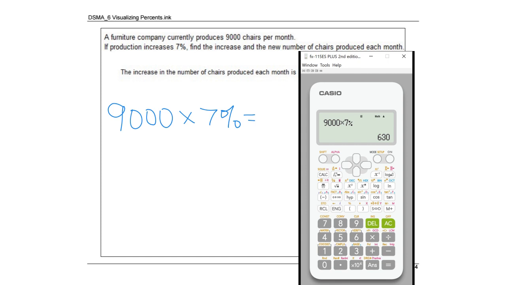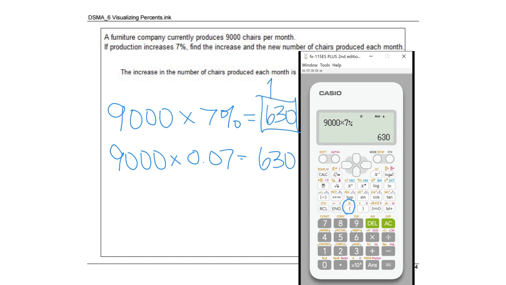Remember, you're going to hit shift and the opening parentheses down here. That will give you the percent. Or you can change that, depending on your calculator, to a decimal. Remember, you have to move 2 decimal places, so it would be 0.07. Either way, you're going to get 630. This is the increase. All right, so that's going to go in the first box.